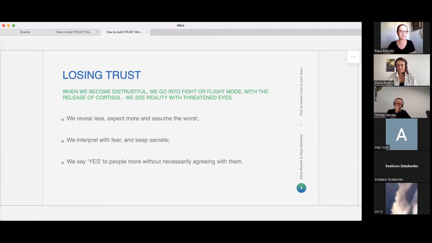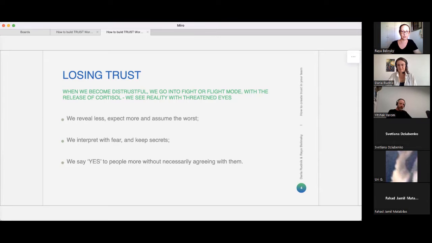So what happens when we lose trust? People who don't have trust in their teams, in their companies, create all this negative energy and they go home and share it with their relatives and with their family because they need to share this information somewhere.